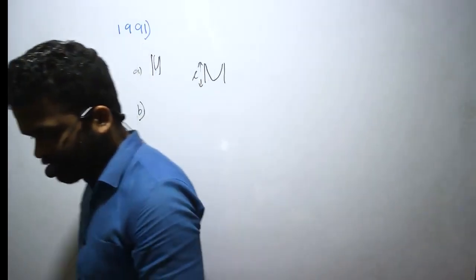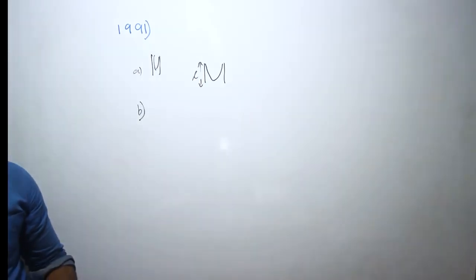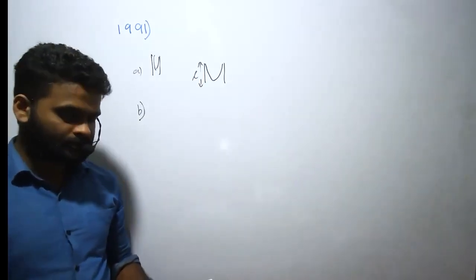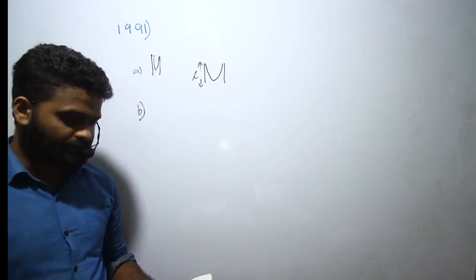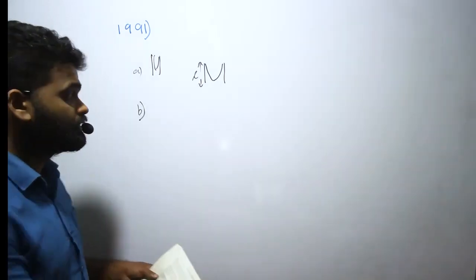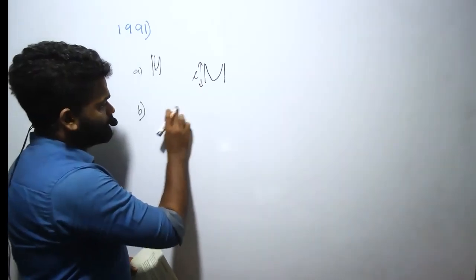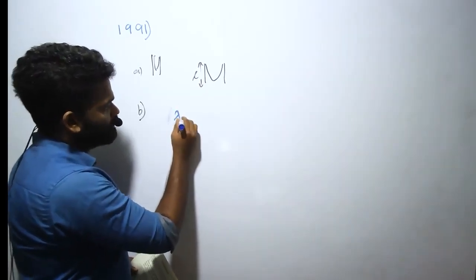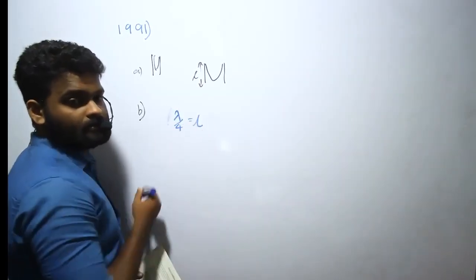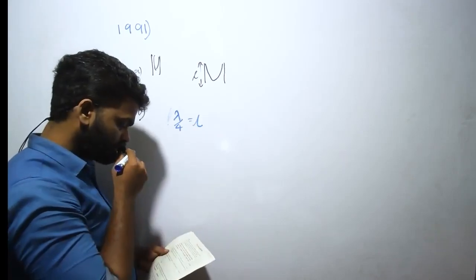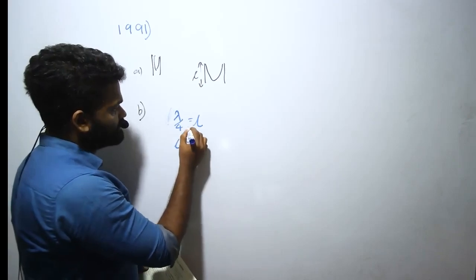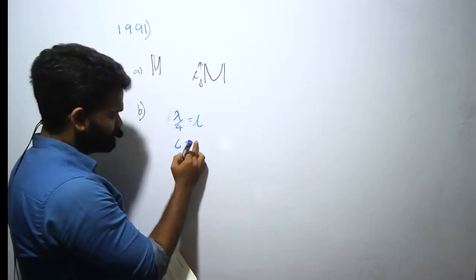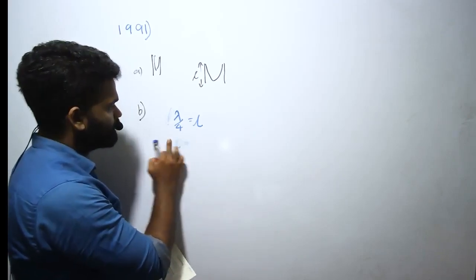Okay, right, then part B. If the corresponding length of air column measured in A is L and the wavelength of sound wave in air is lambda, write down the relation between L and lambda. So easy, right? So you know that lambda over 4 is equal to L. You can write this, or you can write L equals, doesn't matter.